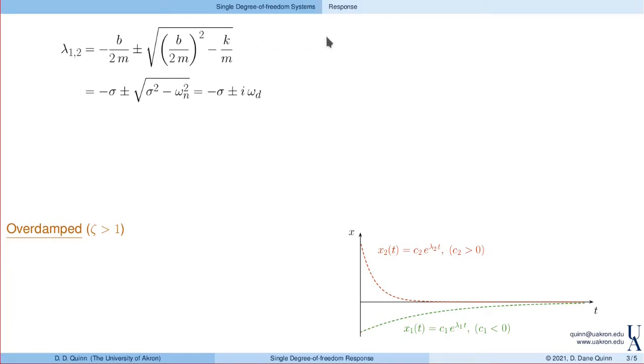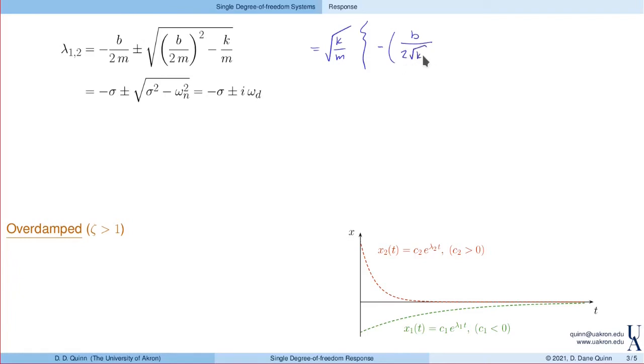So this value of lambda, let's do some algebra to it. In particular, I'm going to factor out the square root of k over m from this whole expression. So now this first term becomes minus b divided by, well, 2m times square root of m over k, square root of k.